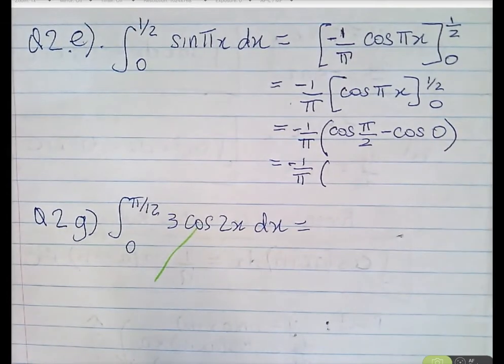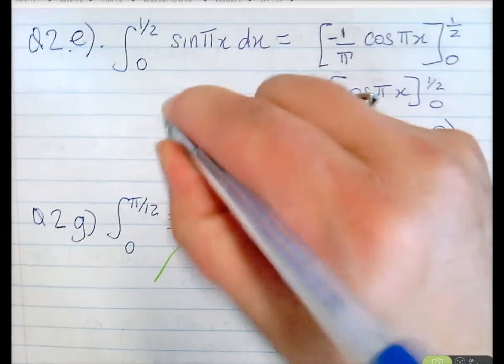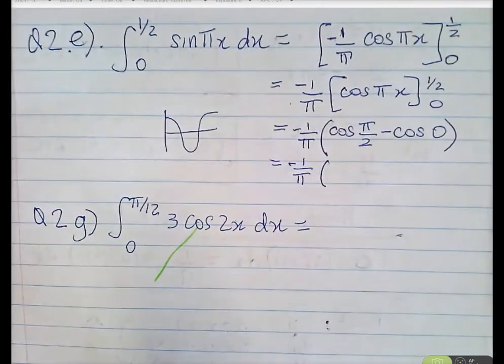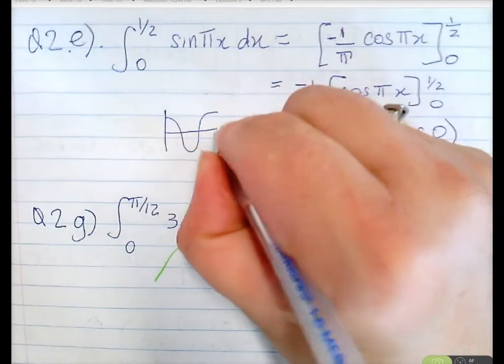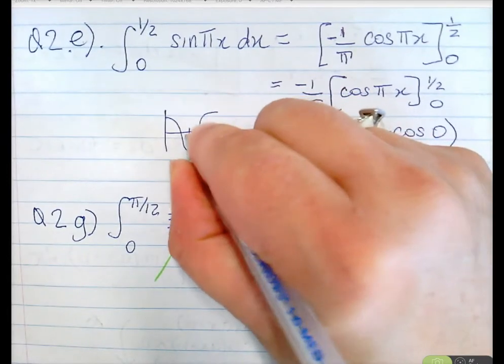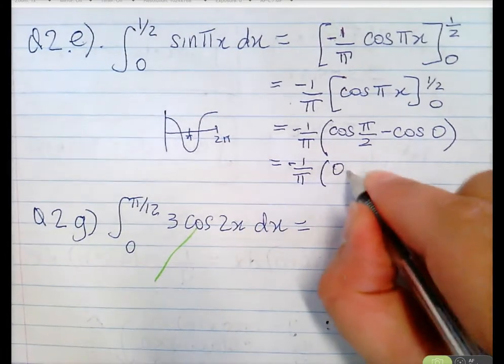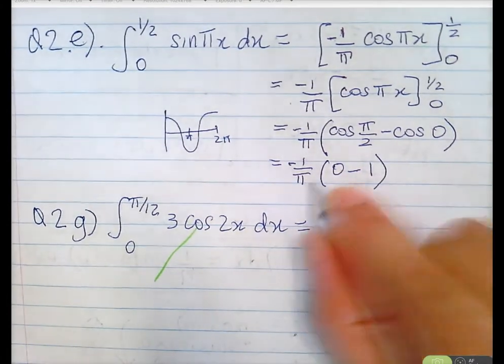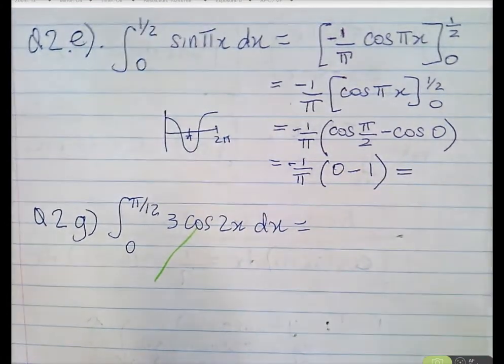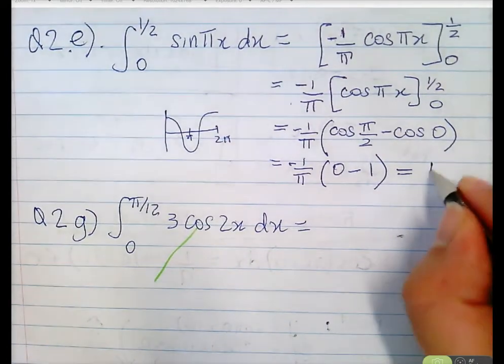That's cos of 90, girls. 0. Cos of 0. Here's your cos curve. All you do is you sketch that. That's the cos curve. That's 2 pi. That's pi. So cos of 90 is 0. Cos 0 is 1. So you're just multiplying this by negative 1, and you get 1 on pi.